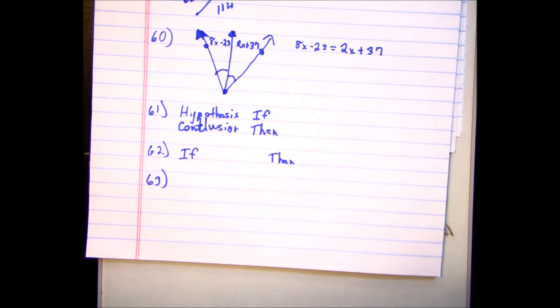Well, the converse would be, if it's divisible by 2, then it's divisible by 6. Right. All you do is you switch what was after then and what was after if, and make sure the sentences make sense. Remember, the verbs might change because of where you are in the sentence, or you might have to move a couple of the words around a little differently, because it won't sound correct.